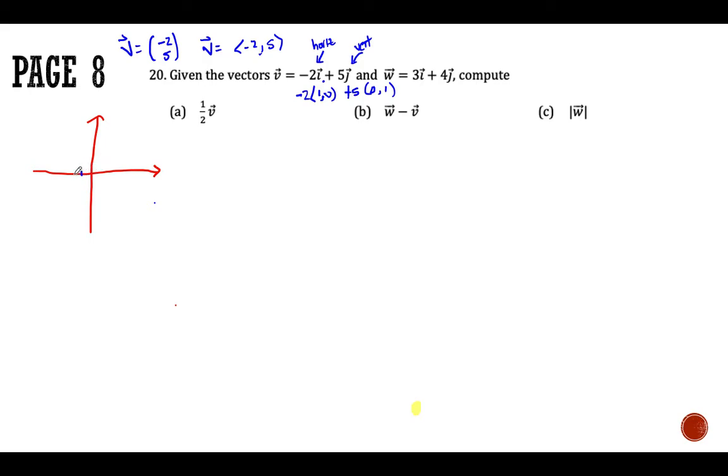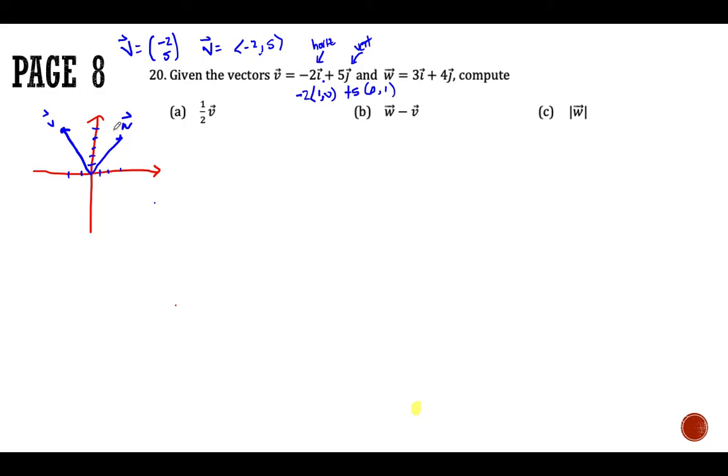So -2, 5, and from the origin, go out there. So that is v. w is 3, 4. Okay, so this is vector v, and this is vector w.